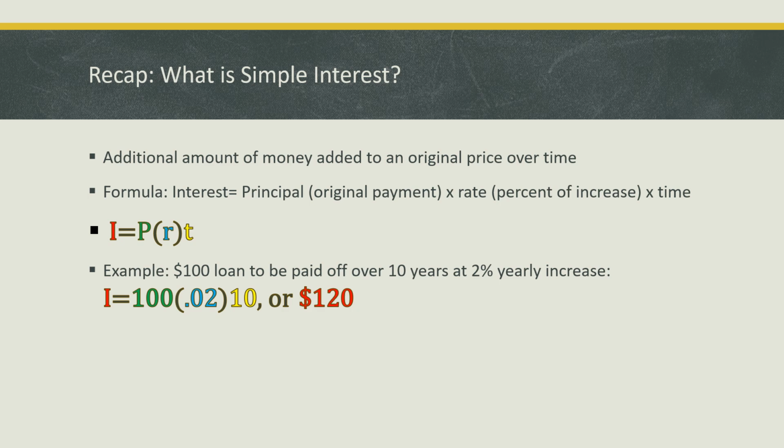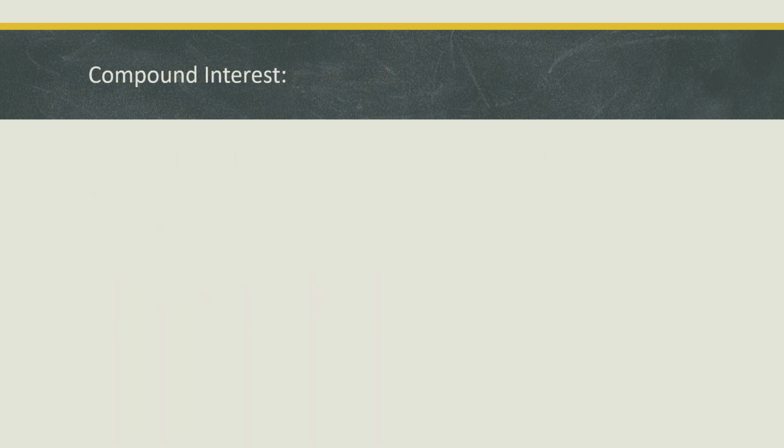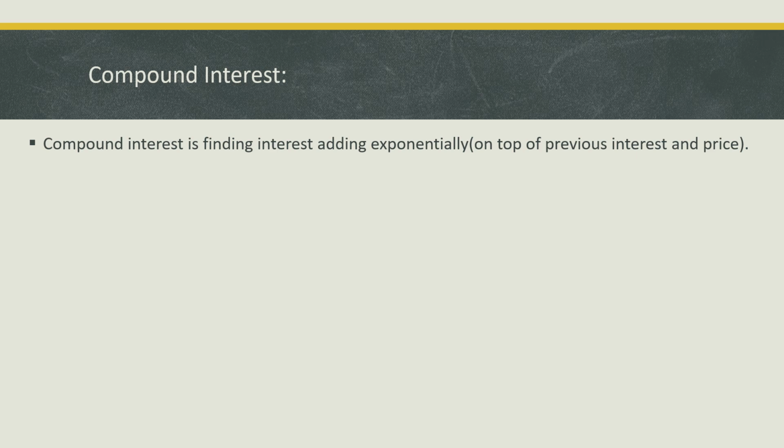So with that in mind, the question then is, what is compound interest? Looking at compound interest, it's very similar to simple interest, with the difference being that compound interest is finding interest and adding it exponentially, or in other words, putting it on top of your previous interest and the total price.